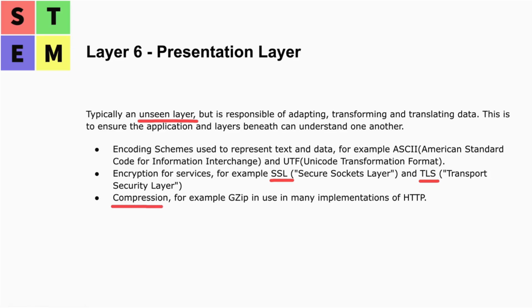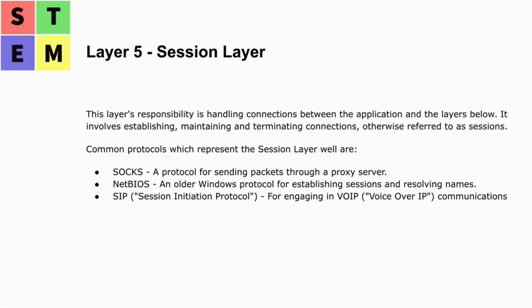And we are talking about compression here, the zip files, okay. SSL or TLS is what you can see on some of the websites. There's the HTTPS. So that's the encryption service for HTTPS. So that's what we talk about for the presentation layer.